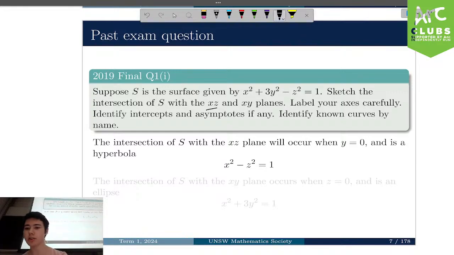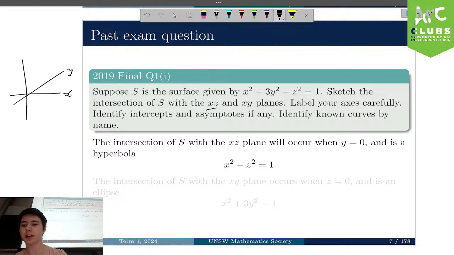So just here on the left, I'll draw out what I mean by the xz plane. We've got directions x, y, and z going up. And so when y is 0, we have the xz plane, which is given by this manner of sheet, okay?